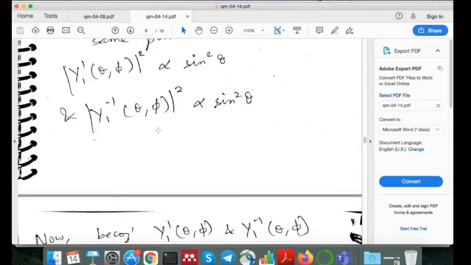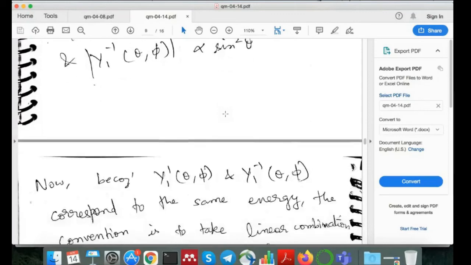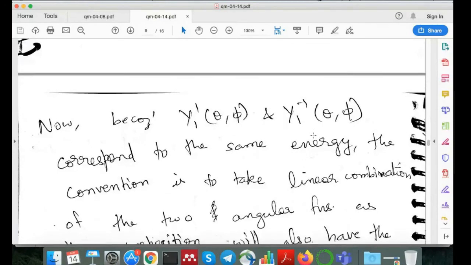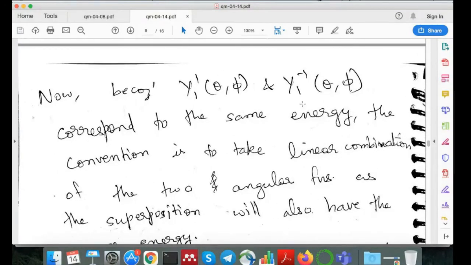Now, because these all correspond to the same energy level, we can take a linear combination of these two functions. If we take a linear combination of these two functions, we'll get a particular wave function which will also have the same energy as any of these individual functions, because all of them have the same energy.